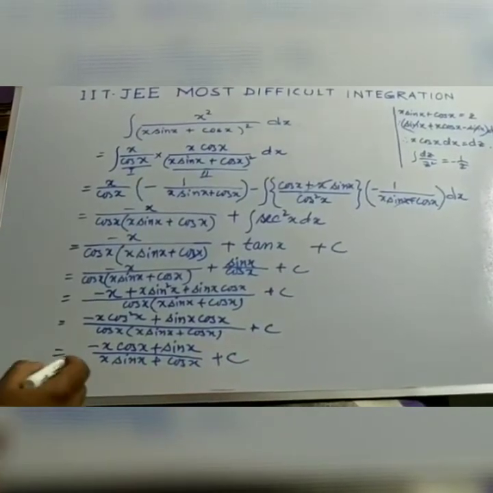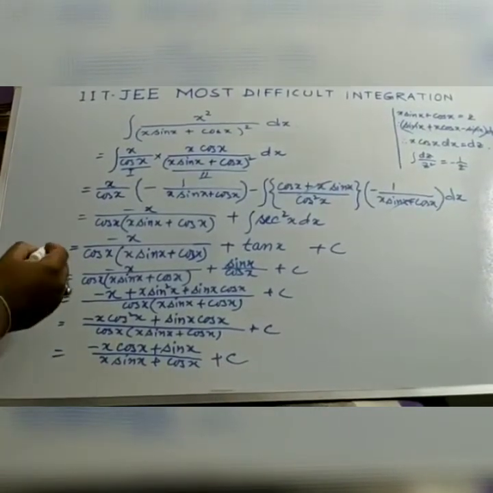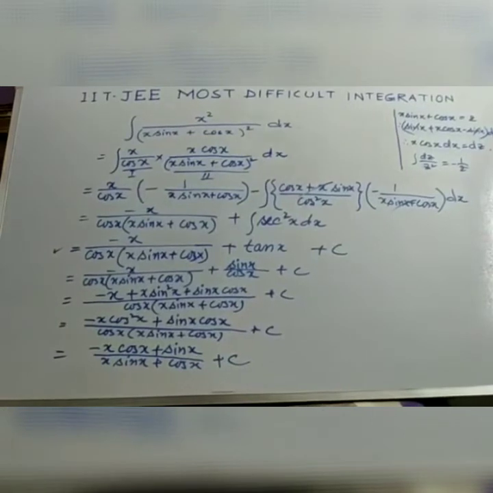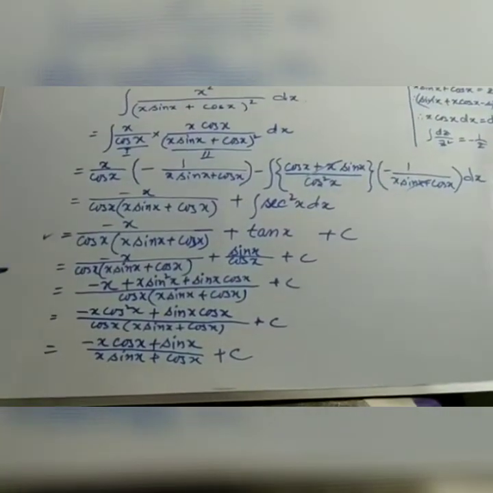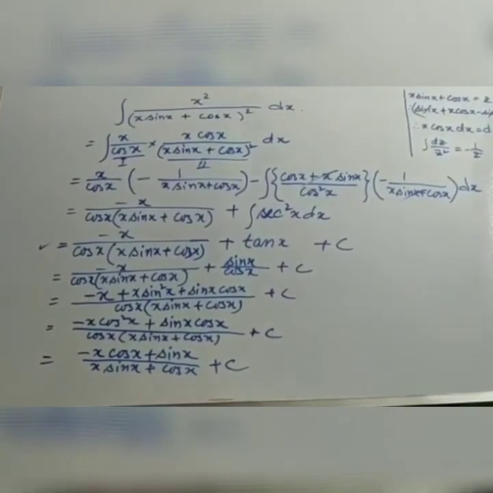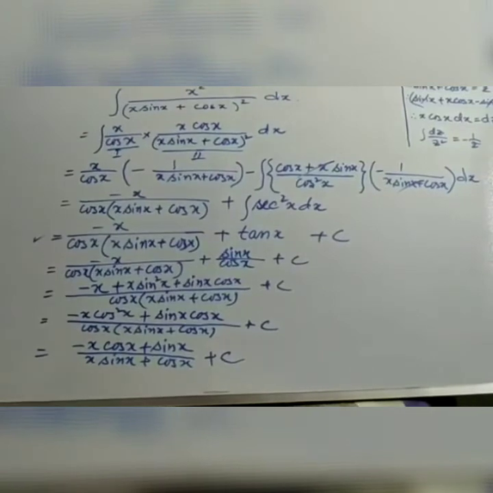You can get this type of option in the exam. Previously you got the answer in this line. This is also an answer, but whenever you are having a multiple choice question, you will not get this type of answer there. You will get the option like this, whatever we have done at the end.